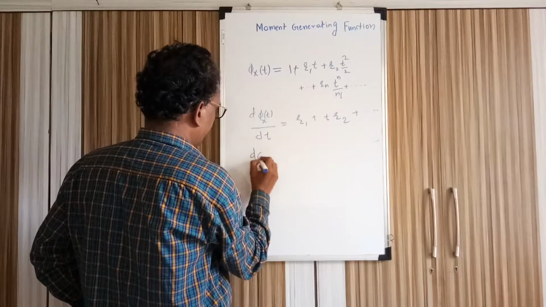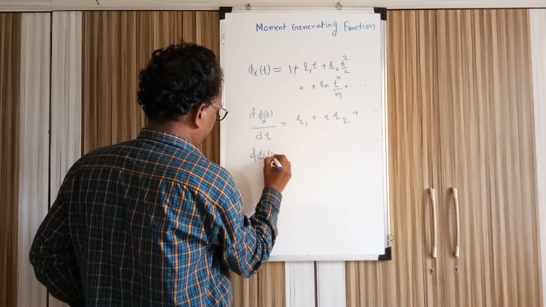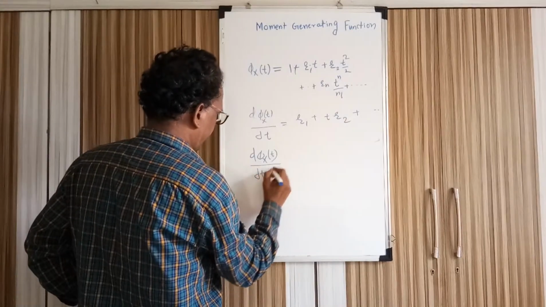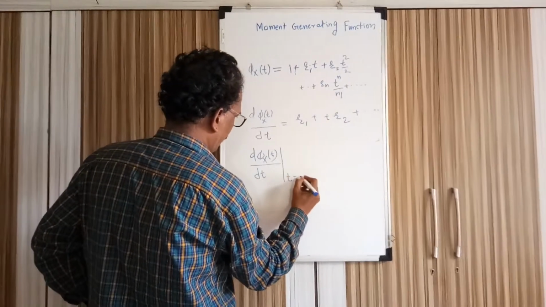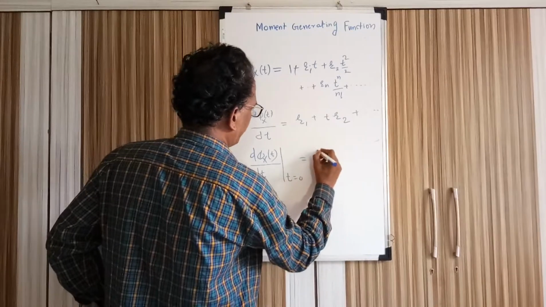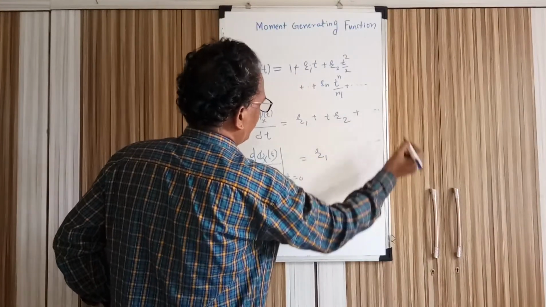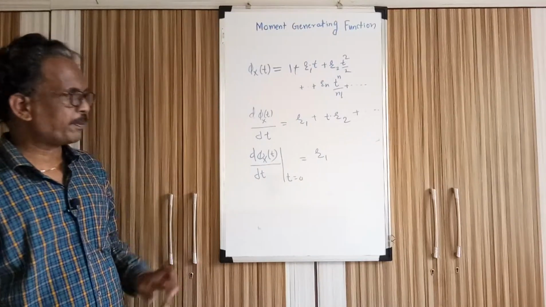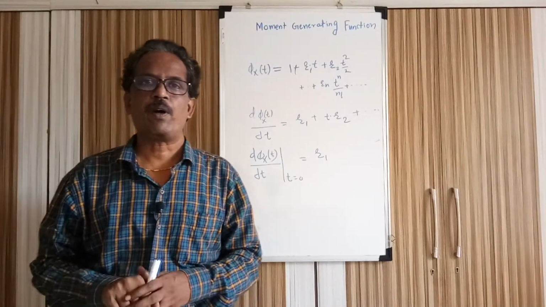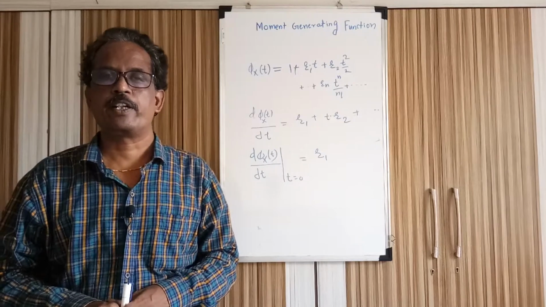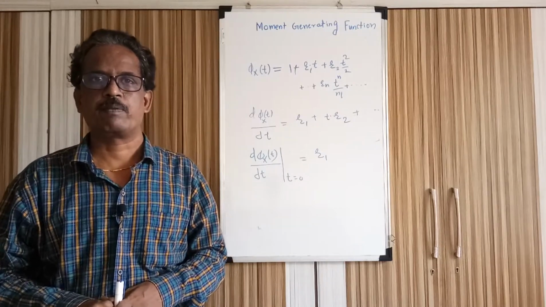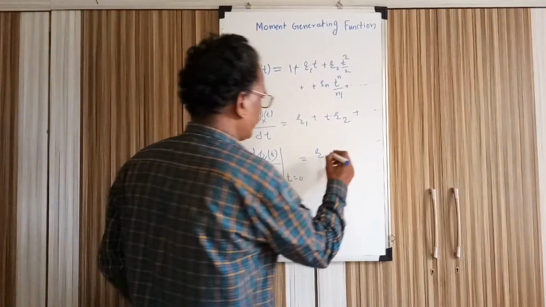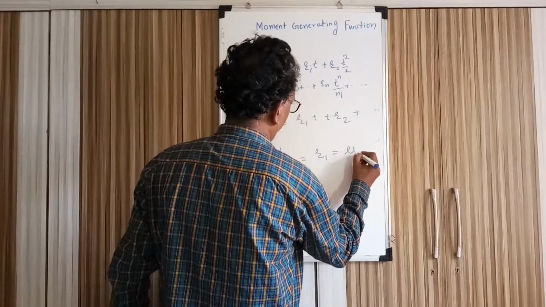So if I evaluate d phi x of t by dt at t equal to 0, we get zeta 1, since the rest of the terms have t as a multiplier. So the first derivative of the moment generating function evaluated at t equal to 0 gives the first moment zeta 1, which is nothing but mu x.